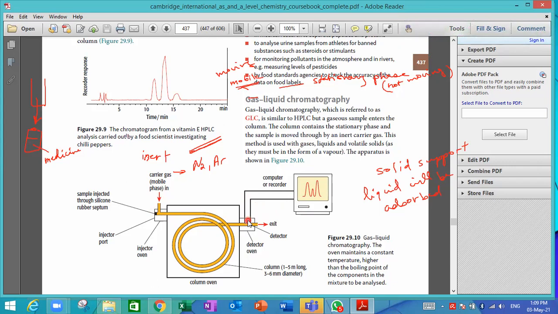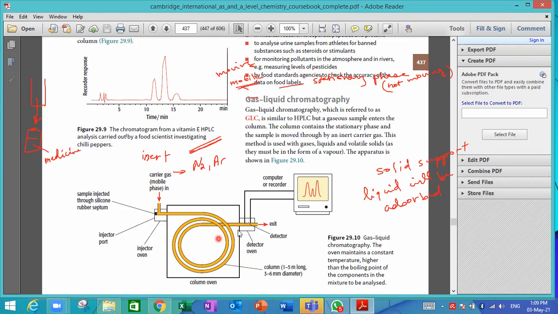Understand? Yes. Okay, of course, in gas liquid chromatography, the temperature should be adjusted, because if the temperature increases, the gas will move faster and the separation would be different from what they did in the reference books.